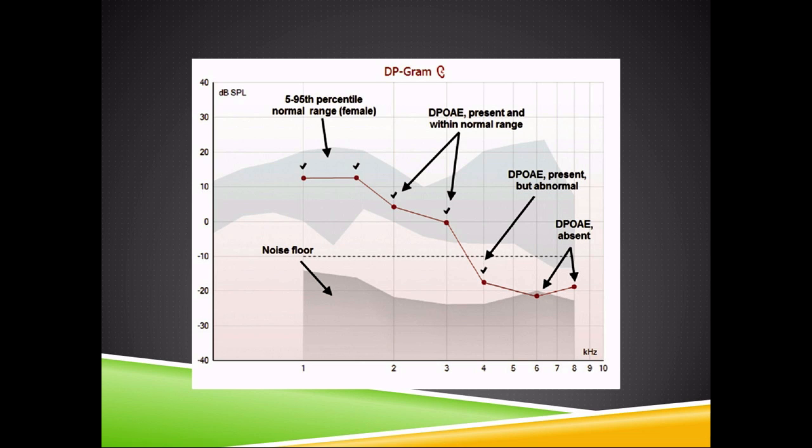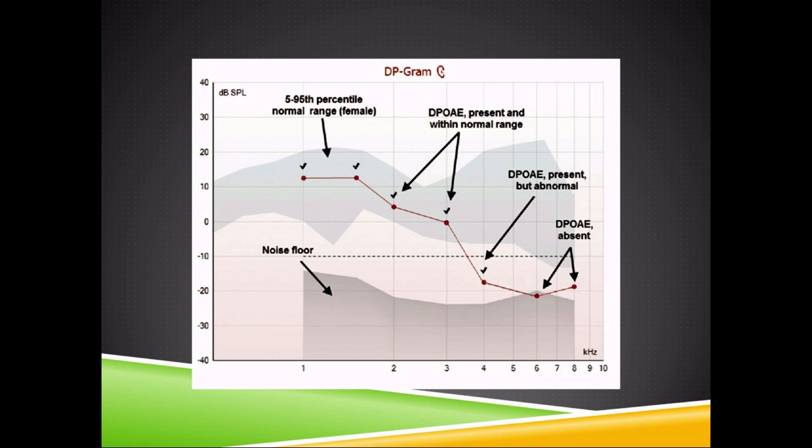First, you're looking at the difference between the noise floor and the amplitude of the otoacoustic emission, where again, from 1 to 3000 hertz, you have very clearly present OAEs. From 4 to 8000 hertz, you'd probably need to look at the actual numbers because that would be difficult to eyeball and see if the signal-to-noise ratio is where it needs to be.